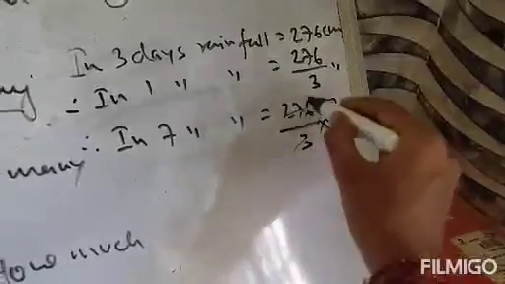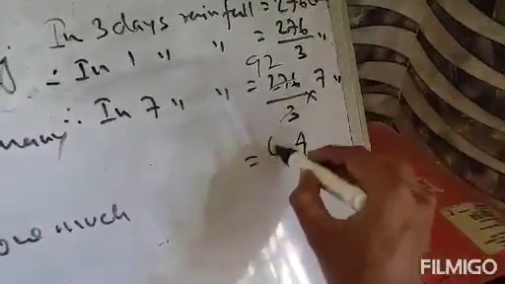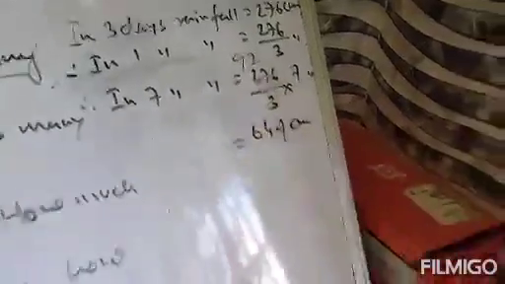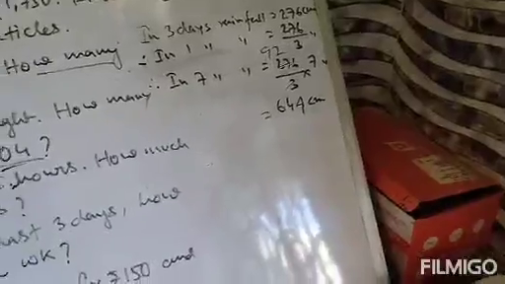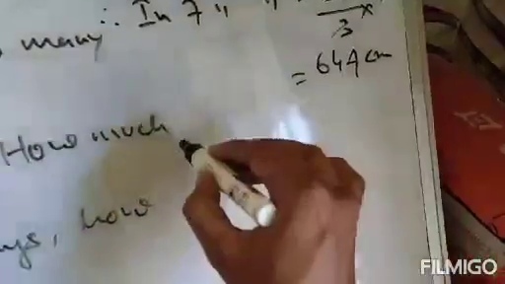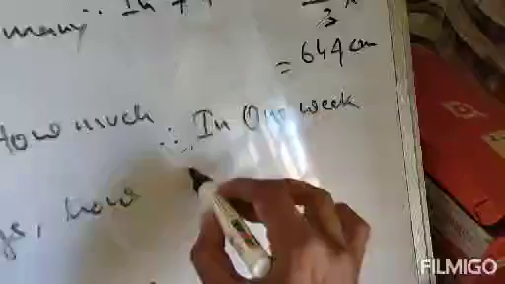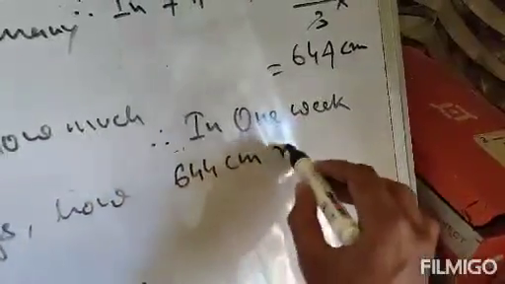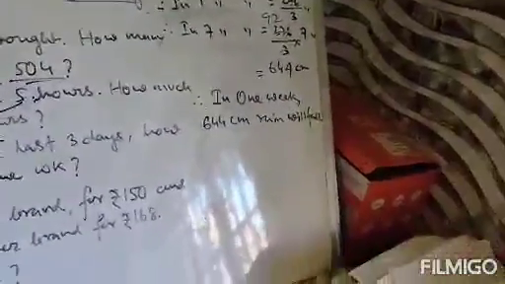Now reduce. 644 centimeters. So in 1 week 644 centimeters of rain will fall. That is the answer. 644 centimeters is the answer.